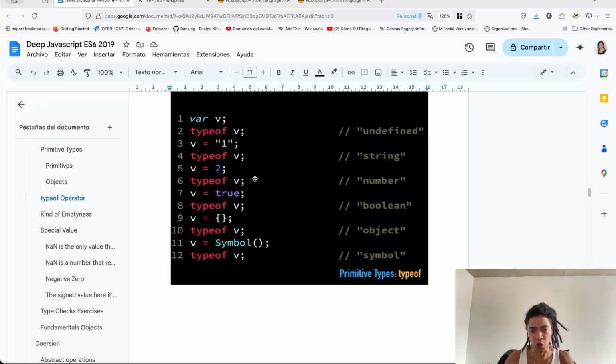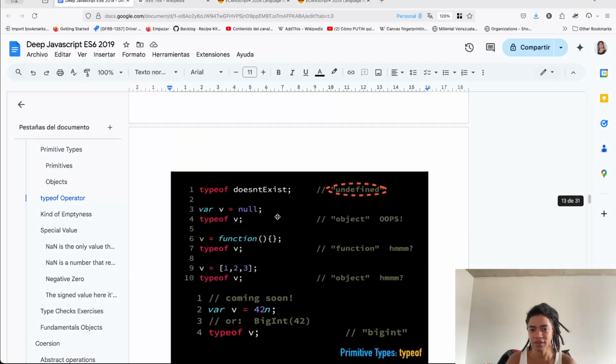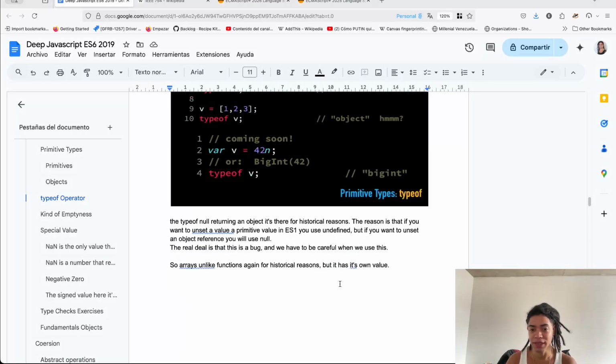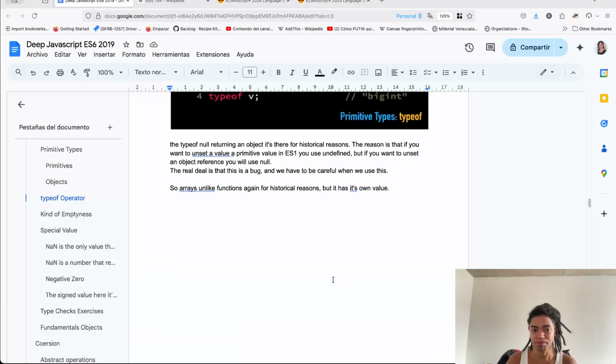When you try to get the type of a value, for example null, it tells you it is an object, or for a function it says function, and not to mention BigInt.